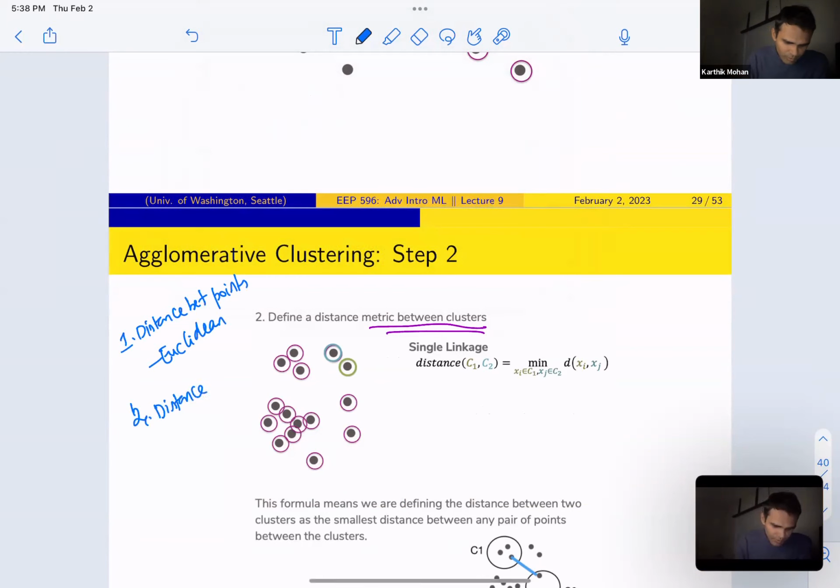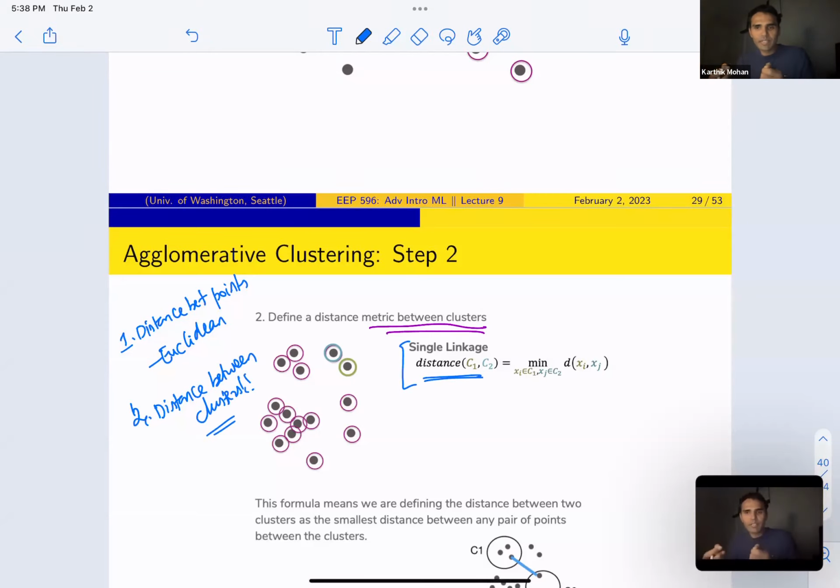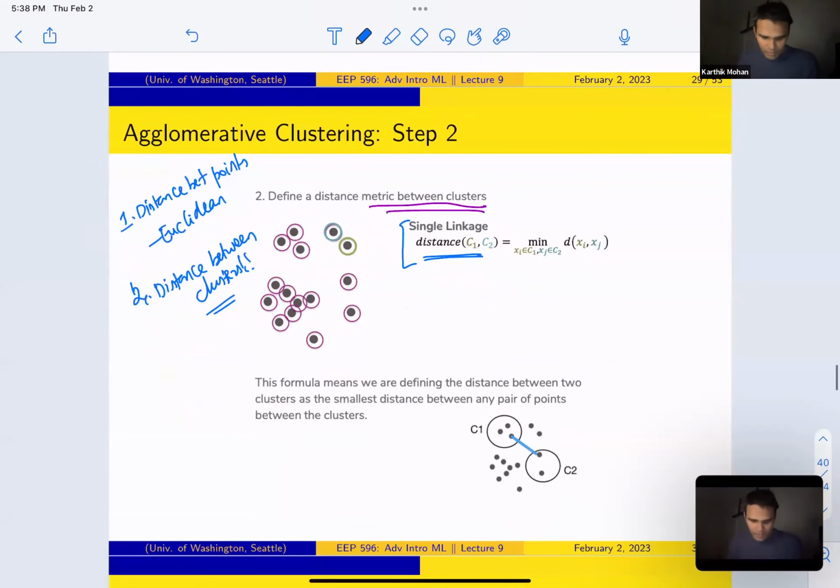So you have to define what this is as well, right? So this is what is done here. For instance, single linkage is distance between two clusters is the minimum distance between any 2 points in the two clusters. So that is single linkage. For instance, if you look at C1 here and C2 here, this is the single linkage distance.